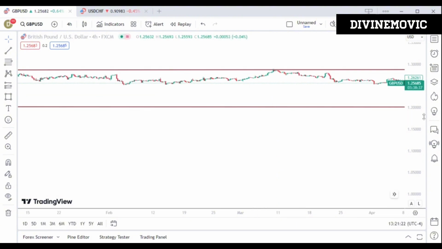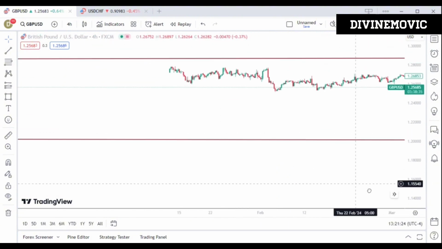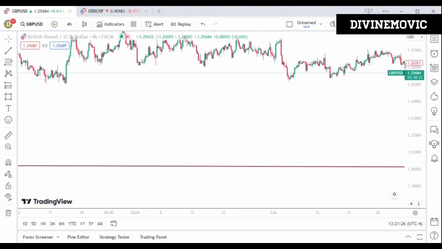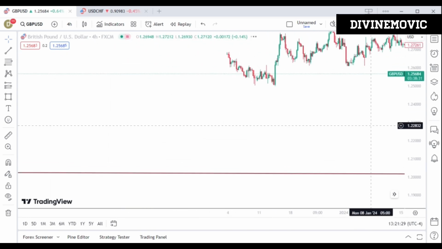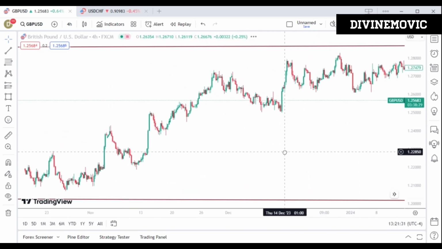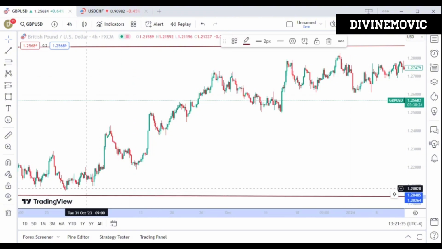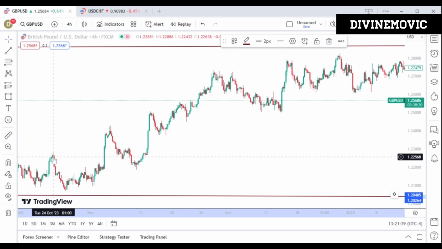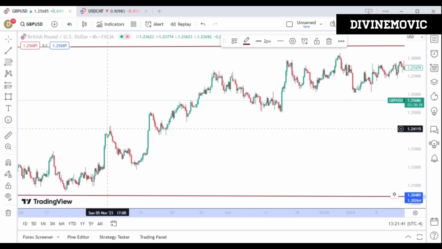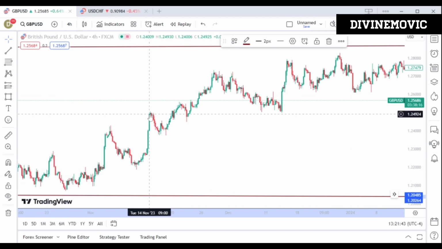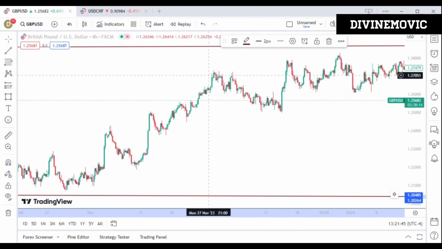Now, on the 4 hours time frame, what you can clearly see here is that price was simply in an uptrend at this point. Swing high, swing low, swing high, swing low, swing high, swing low, swing high, and swing low.